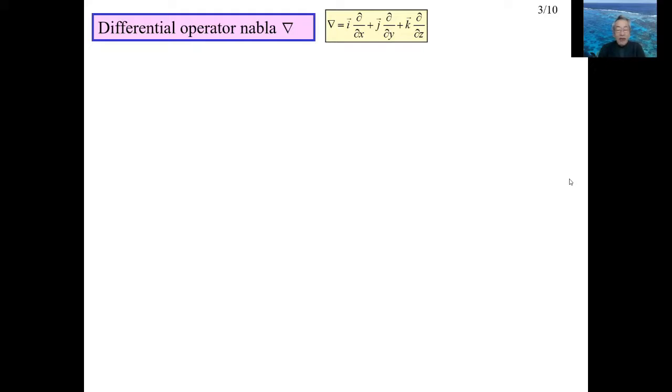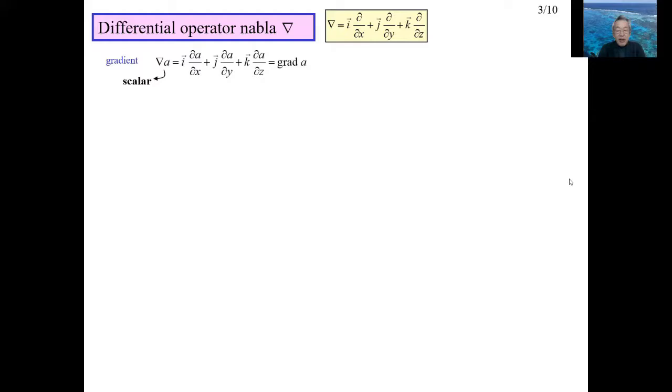Nabla is a differential operator, but it is treated in the same way as an ordinary vector. When the nabla operator is applied to a scalar a, it becomes the derivative of a in the x, y, and z directions.